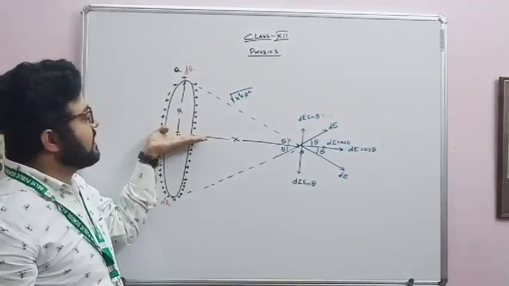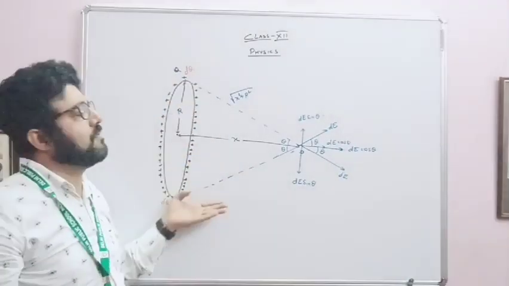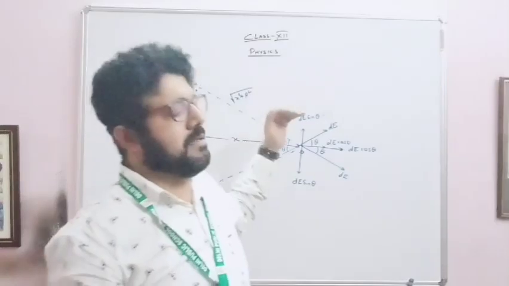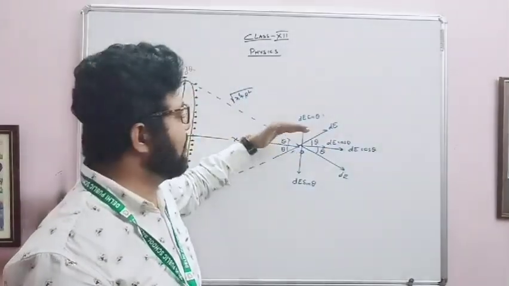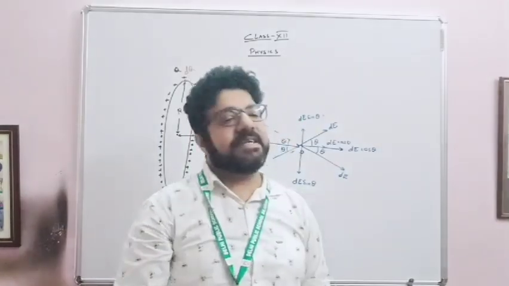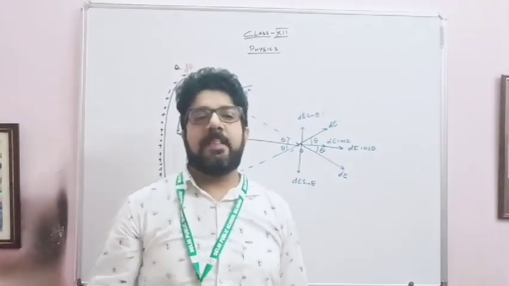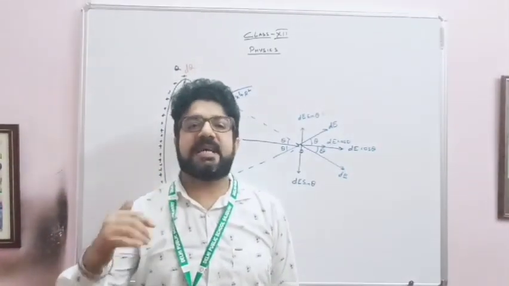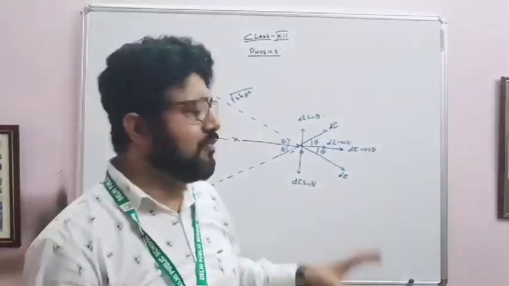Now if we consider half of the upper one and half of the lower one, for each upper half, the electric field component dE sin theta is cancelled by the corresponding component of the lower half. For the lower one, dE sin theta is cancelled by the upper one. So how do we mention it?